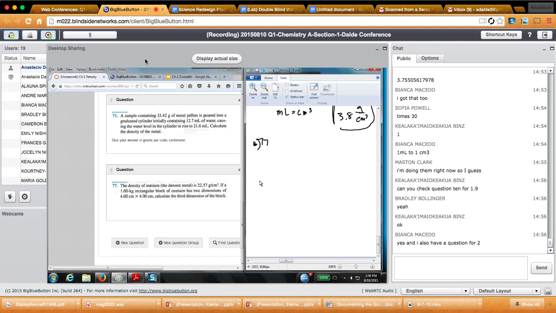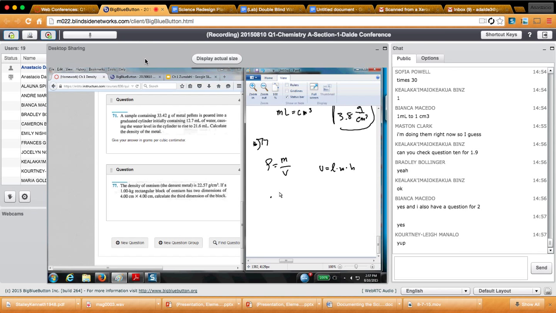Okay. Density is mass over volume. And if we're talking about a block, volume is length times width times height. Do you agree? So I would say that density is equal to mass over length times width times height.